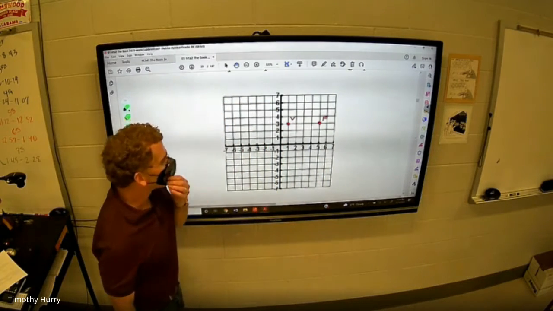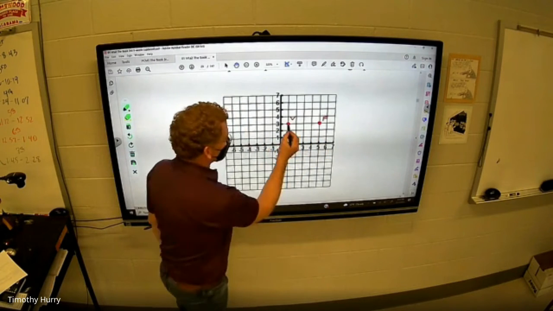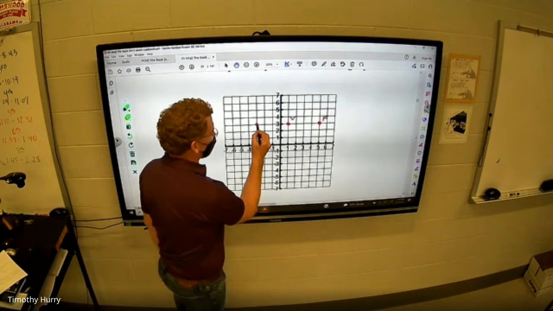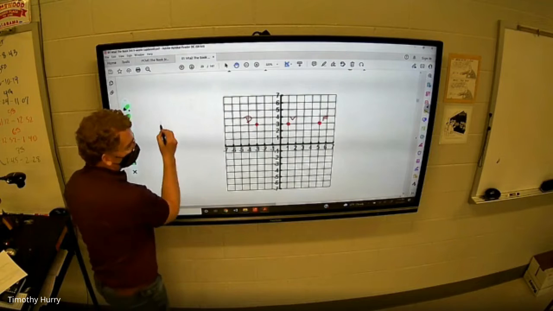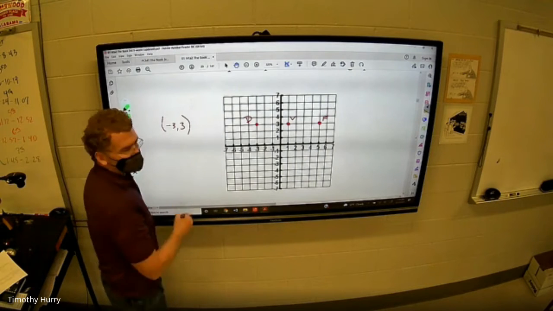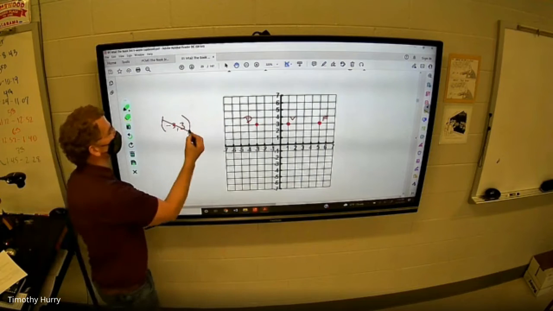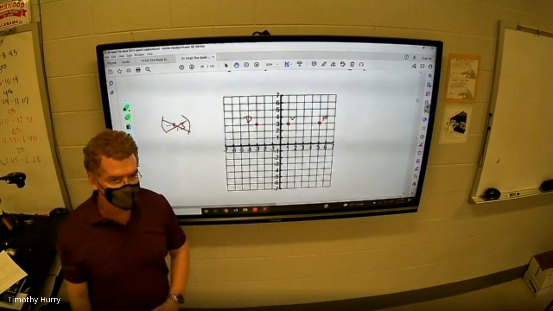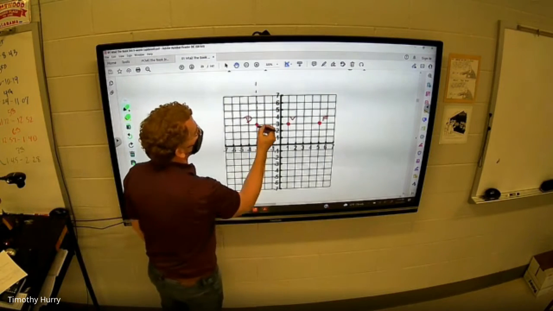And you say, oh, well, if you are 4 away from the focus, then I must be 1, 2, 3, 4 away from the directrix. And then I ask, well, what is the directrix? And they tell me (-3, 3). Except the directrix is not a point, is it? So it can't be that, but what would it be? X equals -3. It's the line going through that.